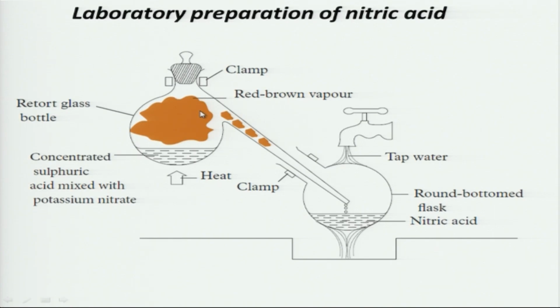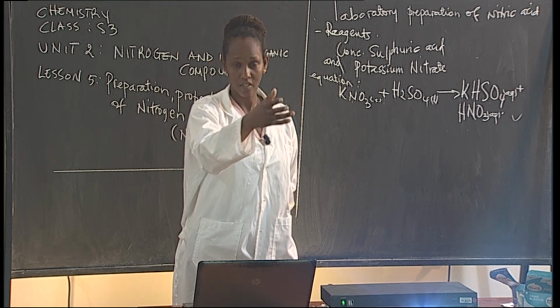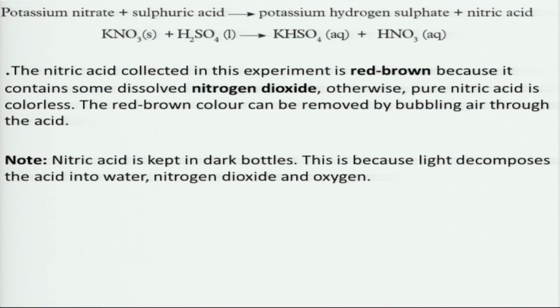So that's what gives the nitric acid, or that gas, the red-brown vapor, because there is some dissolved nitrogen dioxide. So the pure nitric acid is formed when the nitrogen dioxide is removed by bubbling air through the acid.